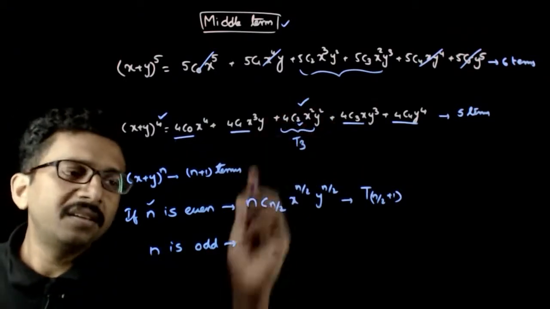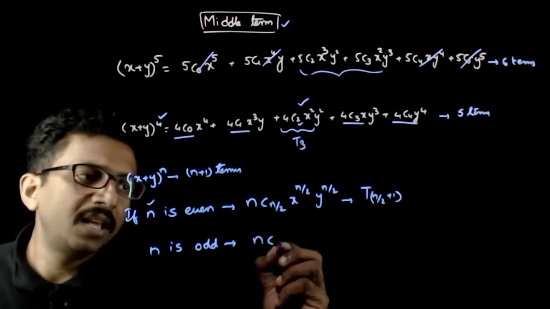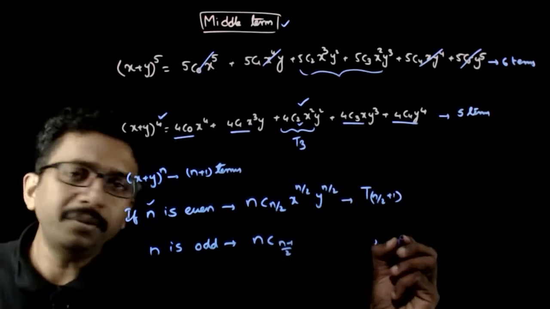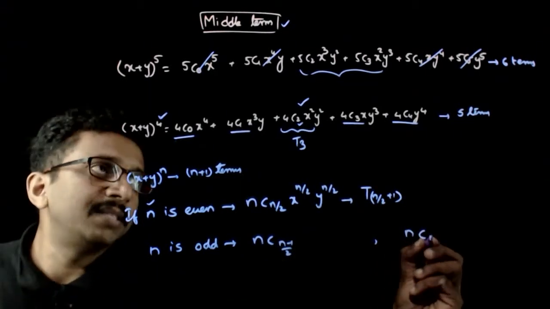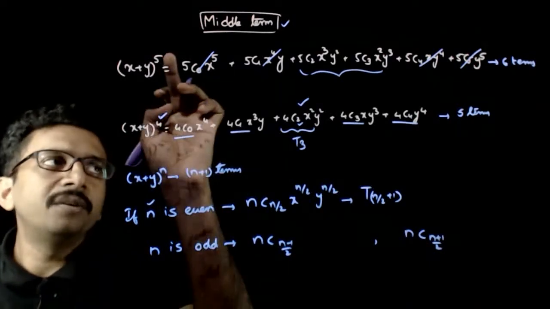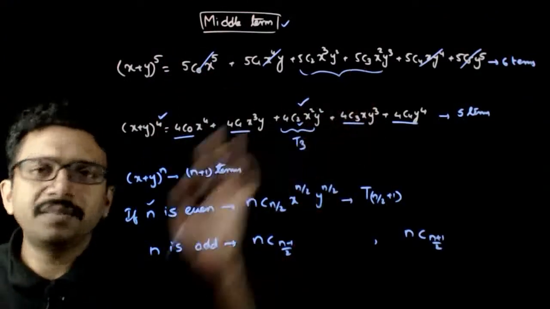The middle terms are the terms corresponding to nC((n-1)/2) and nC((n+1)/2). Can you see this? For n = 5, (5 - 1)/2 is 2 and (5 + 1)/2 is 3.